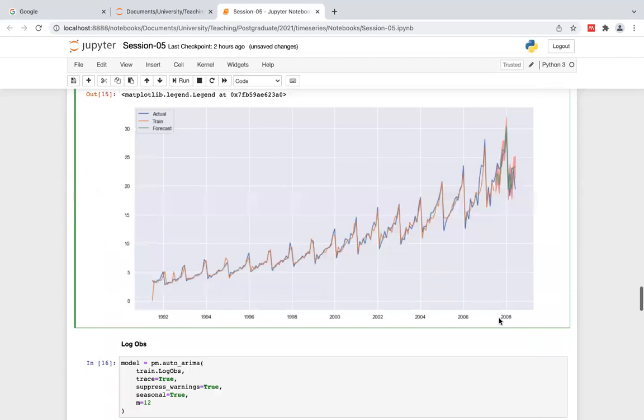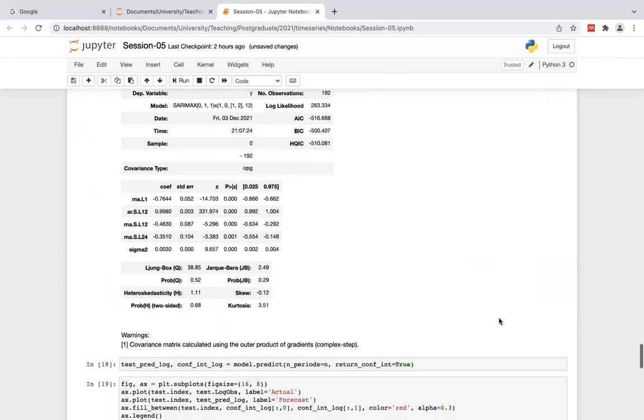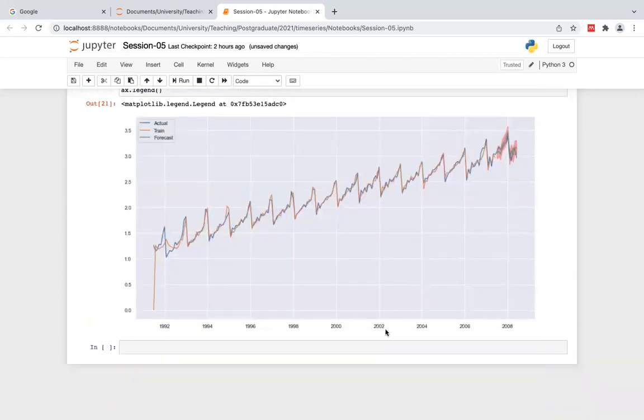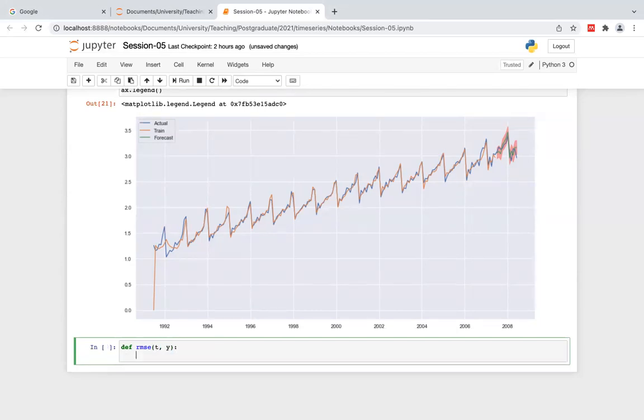It's a little bit difficult to get a clear understanding from seeing this image itself. Then I'm going to use some error metrics to evaluate the model, right? Therefore we will go with the root mean squared error. Root mean squared error, then I pass the t and y. Then I return what?